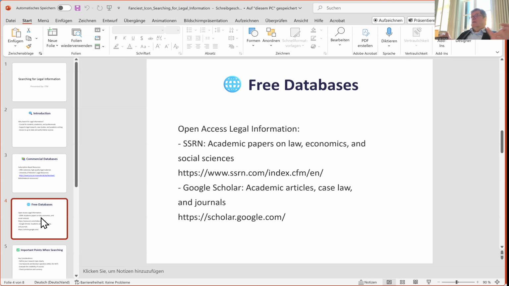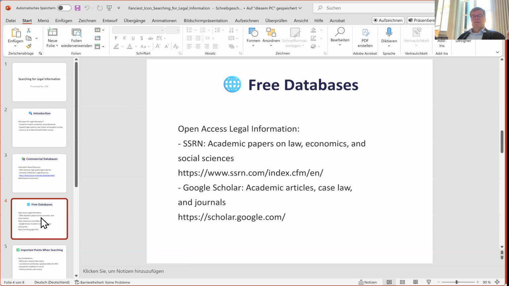There you find the papers which will be published two years later by a journal. So you can put a paper on this preprint server for free and you start a discussion with your colleagues. So please use SSRN.